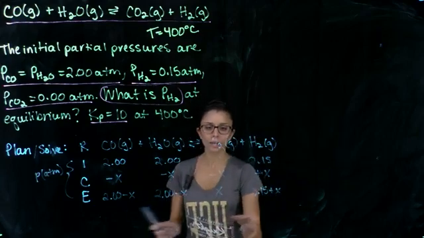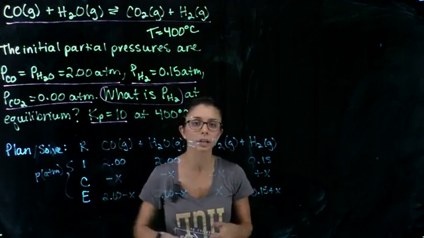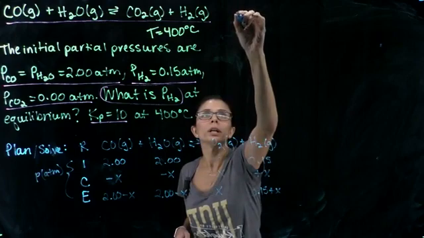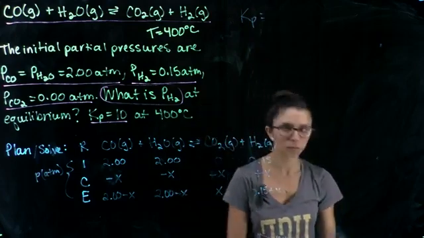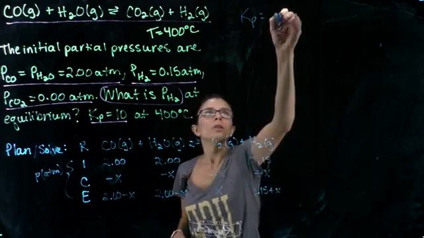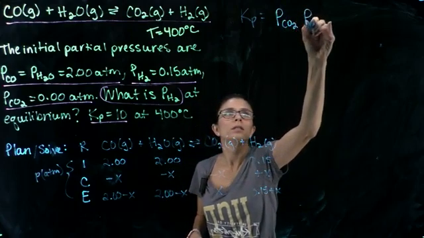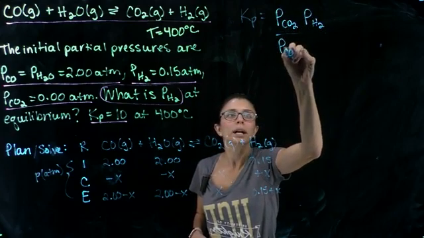Okay. So now I have expressions for my equilibrium partial pressures that I can set equal to my value for Kp. So up here, I'm going to write Kp, which would be the partial pressure of my products over the partial pressure of my reactants.